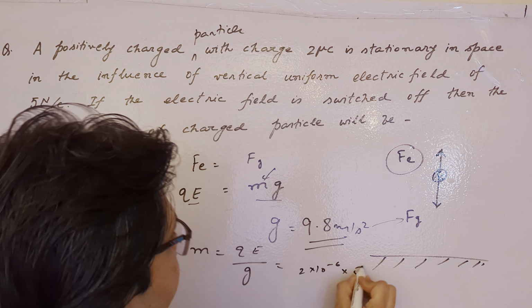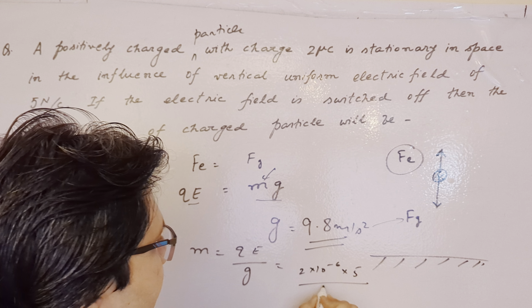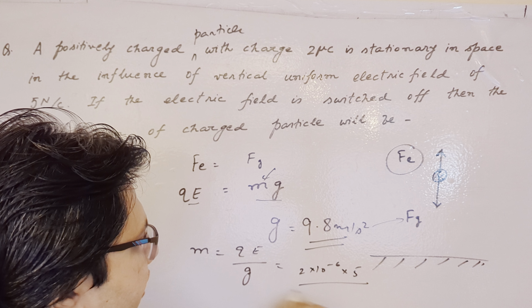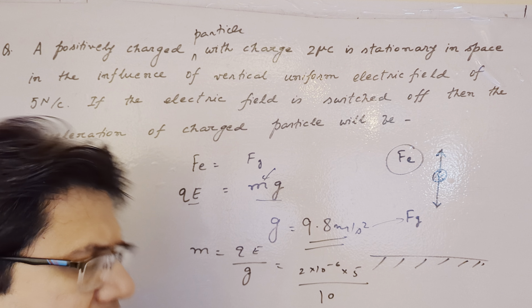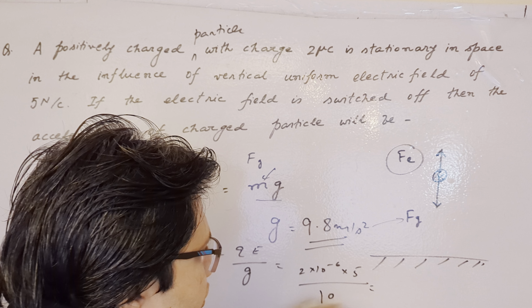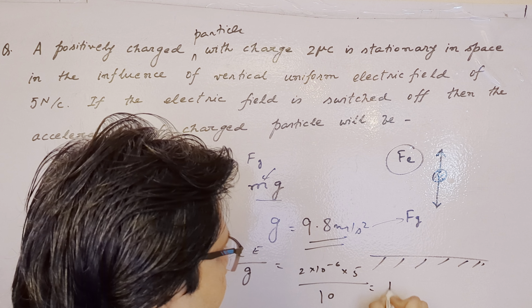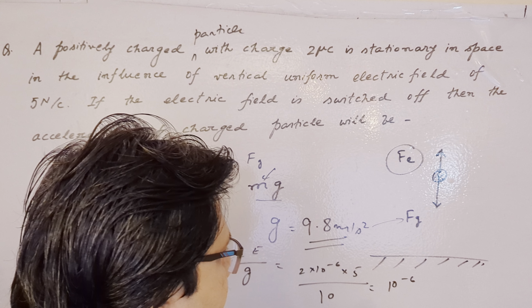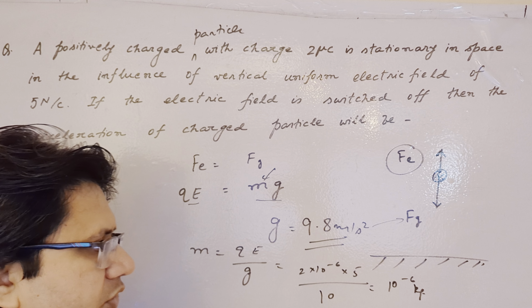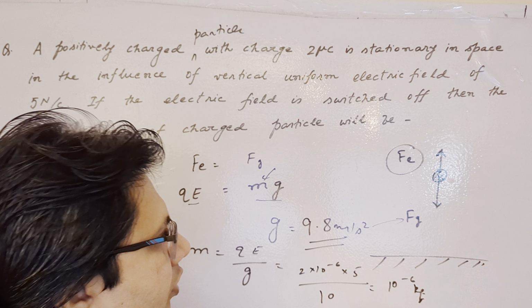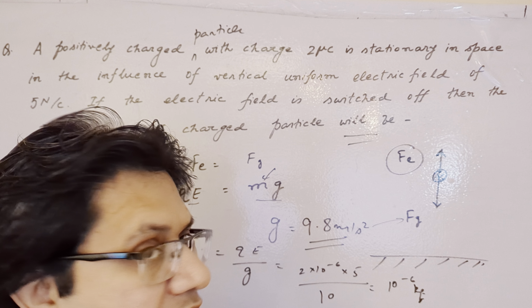E is given as 5 Newton per coulomb, SI unit, so no need to change. For the sake of simplicity, we take g as 10 because 10 is nearly equal to 9.8. So the value of mass comes out to be 10 raised to the power minus 6 kg. This is the mass of the charged particle if the problem asks for this value.